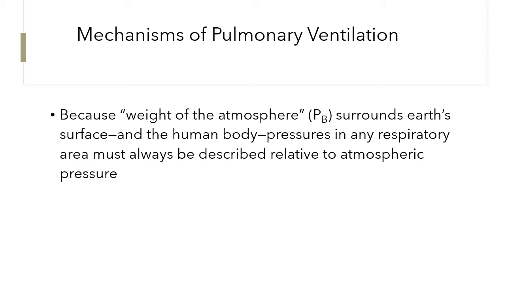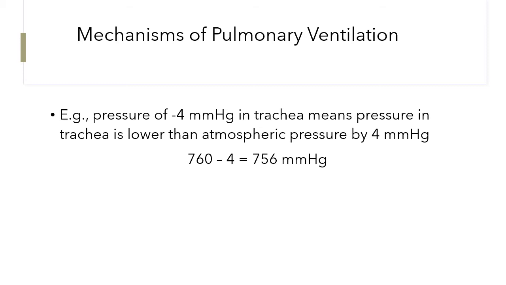It does vary a little tiny bit every day, and we can look at a barometer if we work in a pulmonary function lab, and we can get the exact barometric pressure. 761, 758. It won't vary by much, but it does vary a little bit every day. So it's important that we get those absolutely correct readings for a lot of things RTs do.